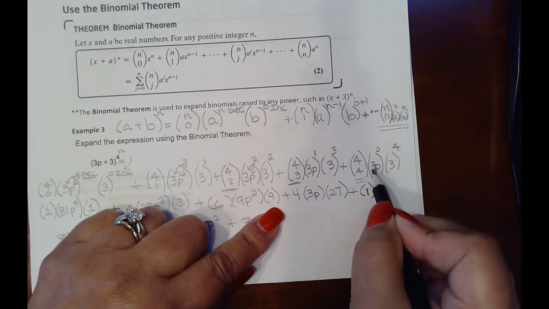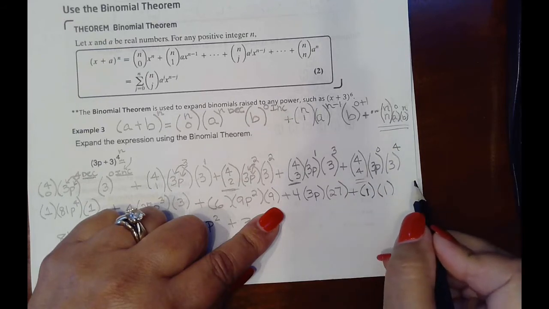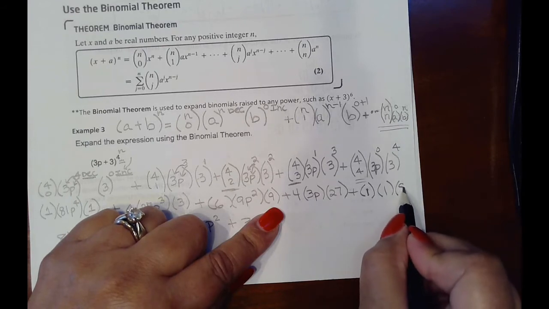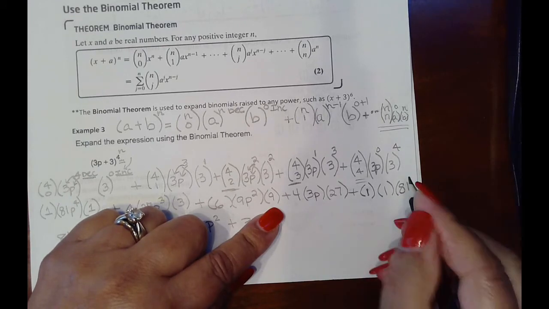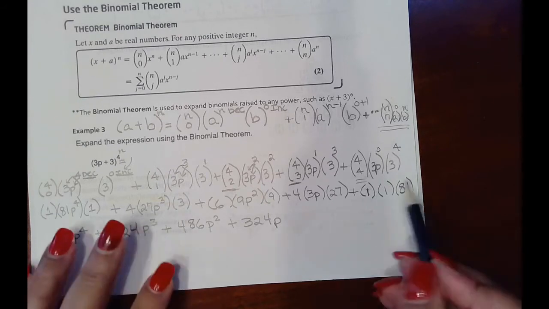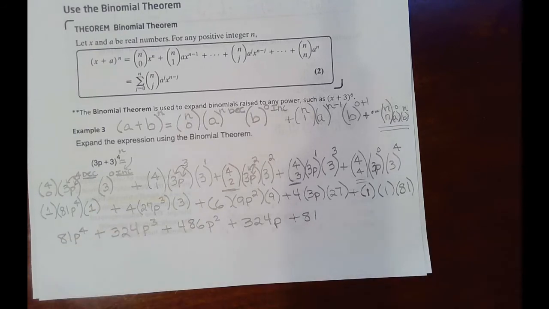Anything to the 0 power is 1. And 3 to the 4th power, that is 9 times 9, 81. So 1 times 1 times 1 is 81.